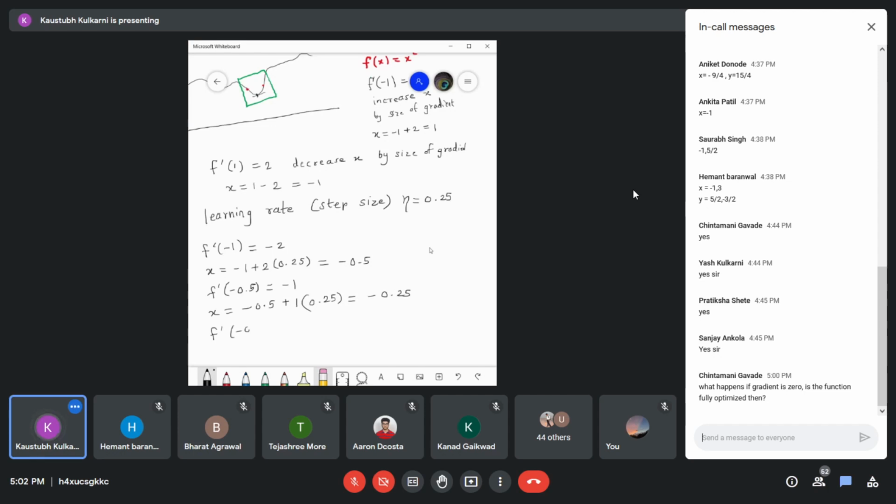So f dash of -0.25 is -0.5, so derivative is still negative, so function is still decreasing. Therefore, you further move in the same direction. -0.25 plus the current gradient multiplied by the step size 0.25. Just calculate this value.